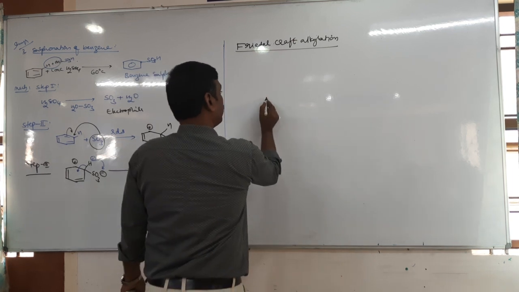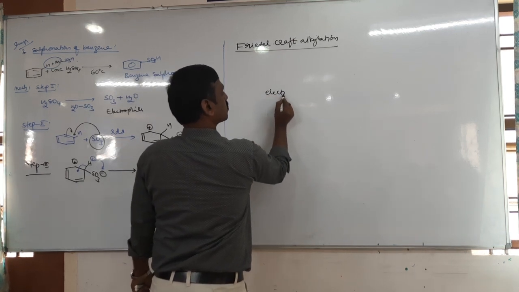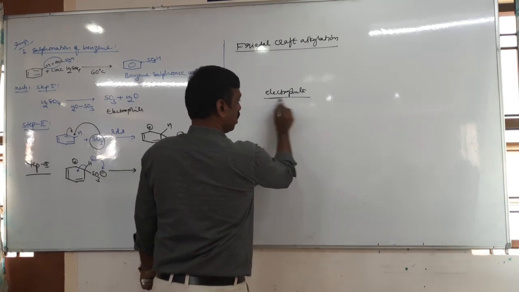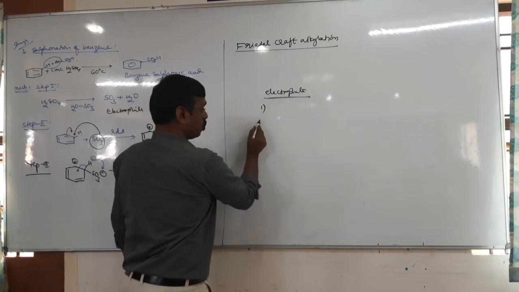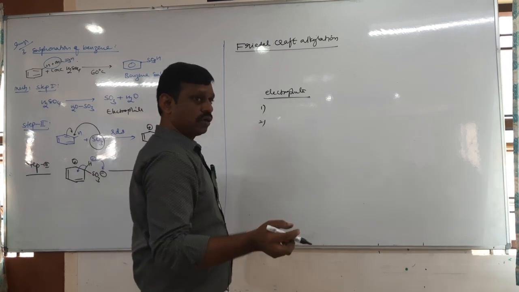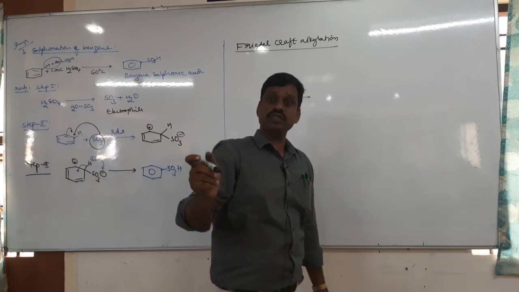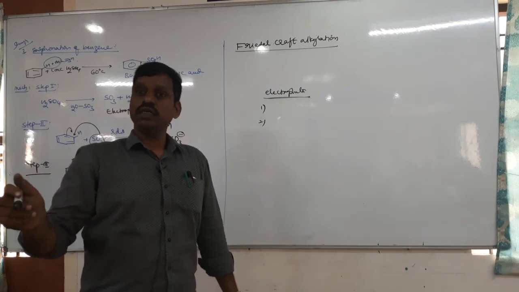Tell me, what are electrophiles? I'll clarify. One, all the positively charged species, right? All positively charged species are electrophile. Two, the species in which the central atom has a vacant d orbital.